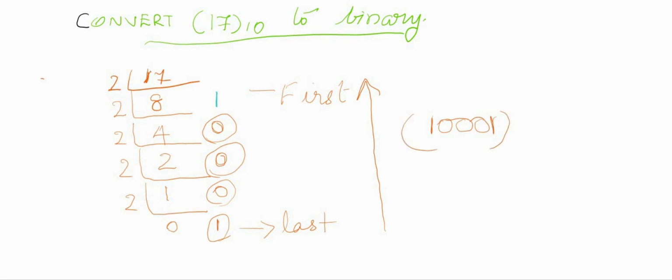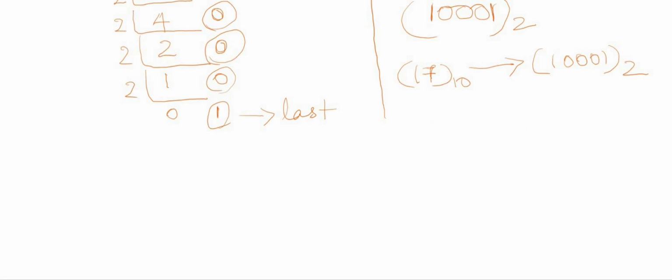This will be the binary equivalent of the number 17. 17 decimal is equal to binary number 10001, base 2.